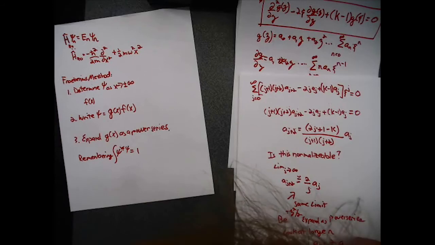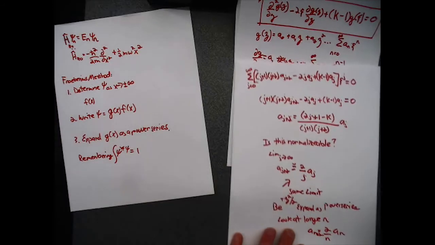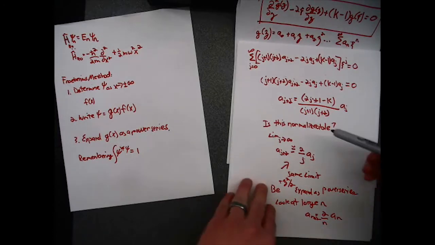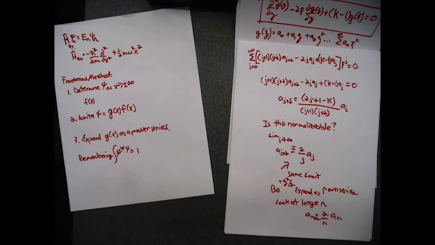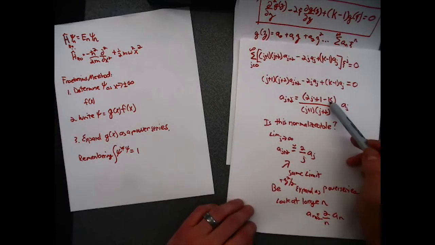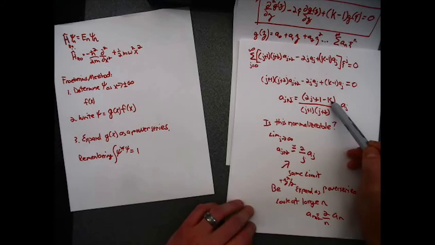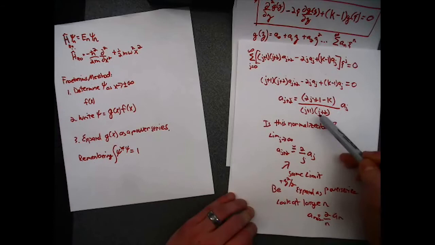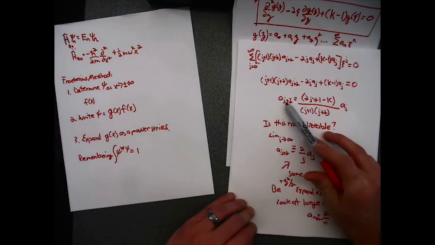So the only way that this solution can be satisfactory is if for some value of j, all of the other a sub j's are 0. The only thing here that's unknown right now is k, which is 2 times the energy over h bar omega. If the energy is fixed so that for some value of j this term becomes 0, then every other term in the series after it also becomes 0.